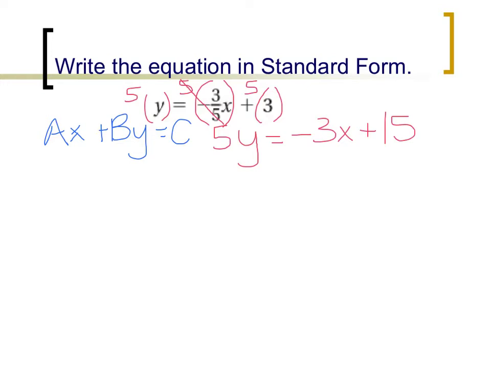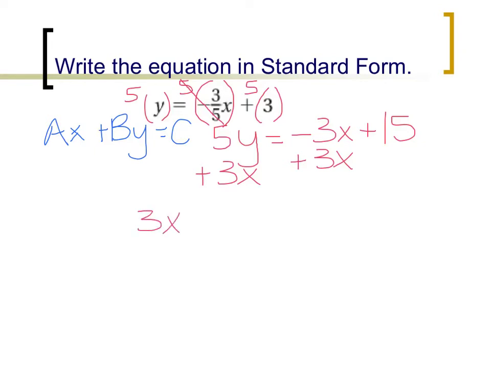Alright, I've taken care of the fraction. Now I need to get my x value on the left with my y. Okay, in order to do that, I'm going to go ahead and add 3x to both sides. So I can have it in ax plus by equals c form, I'm going to put my x value first.